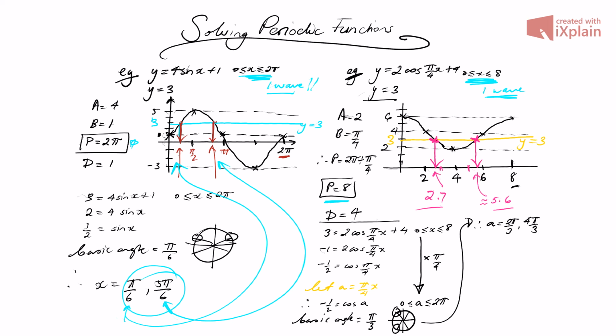However, we weren't looking for A, we were looking for x. So we now need to turn it into x. Now I know that A was equal to pi on 4x.